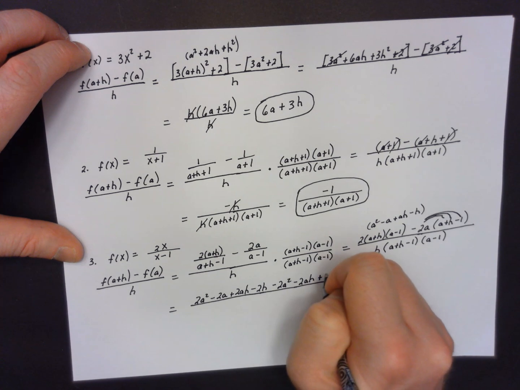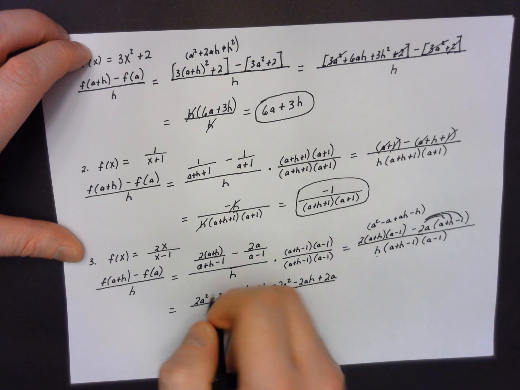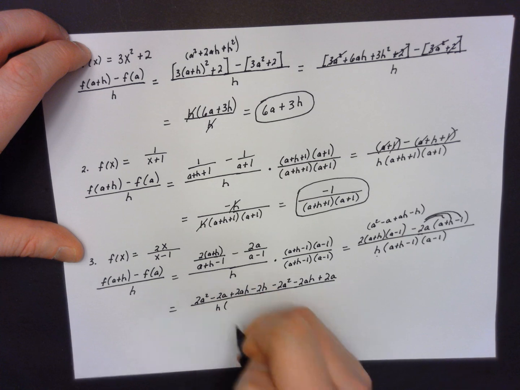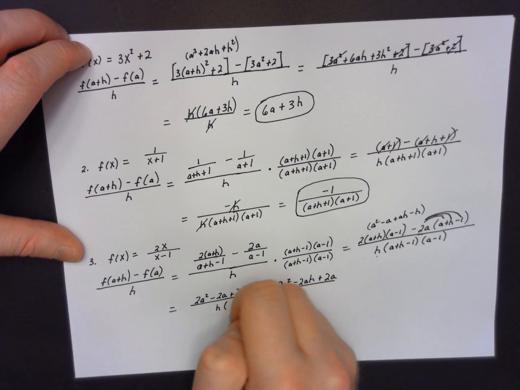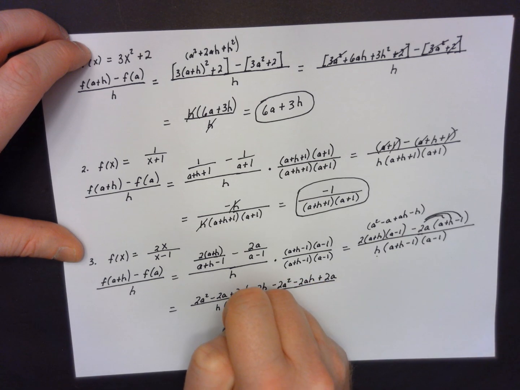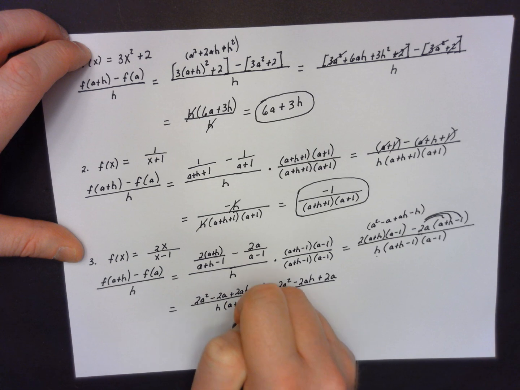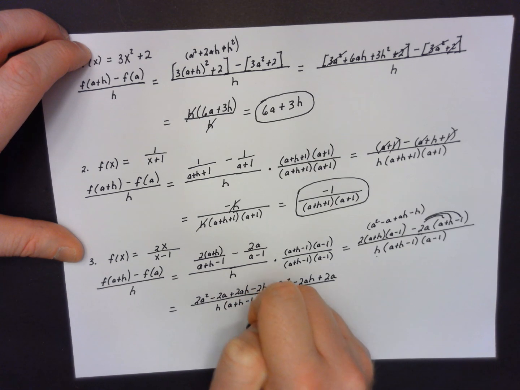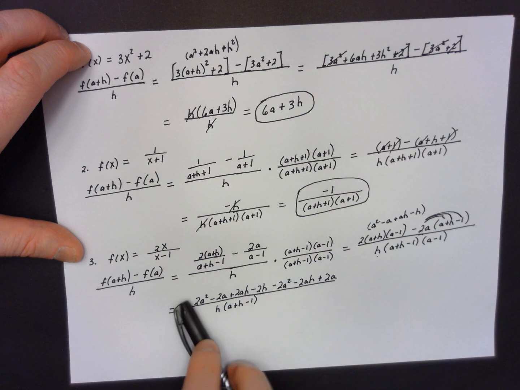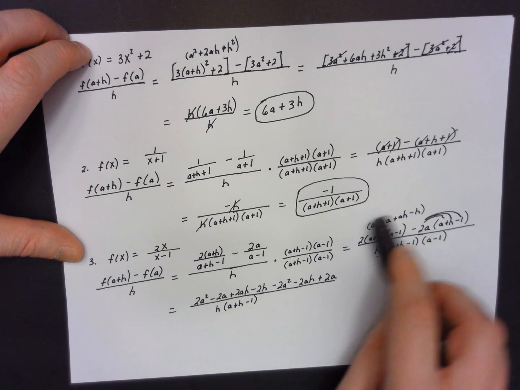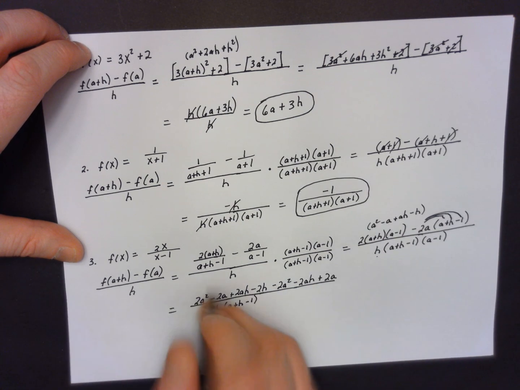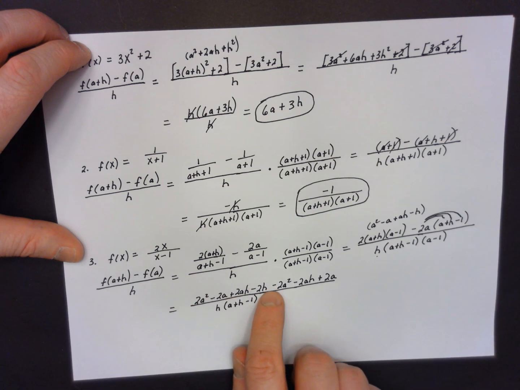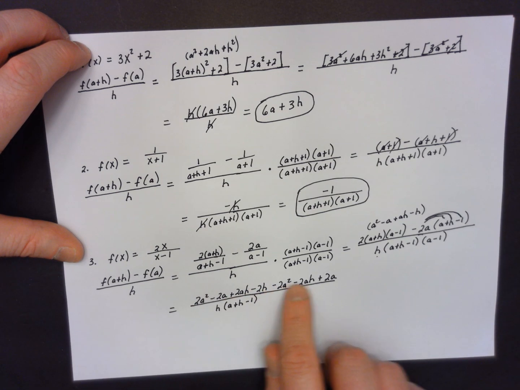The terms of f of a plus h and f of a will always cancel. They never combine. So if you find yourself, after you've simplified out the terms of f of a plus h, which remember, all these first 4 terms came from f of a plus h, these last 3 terms came from f of a. The terms always cancel.